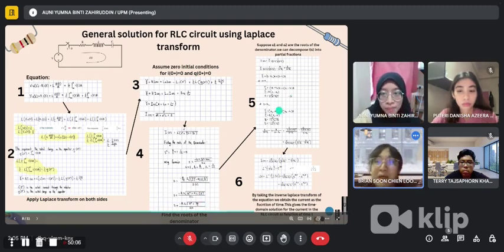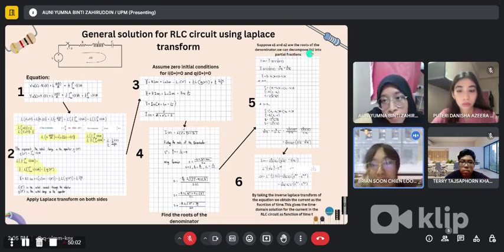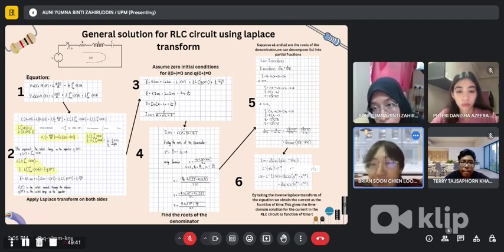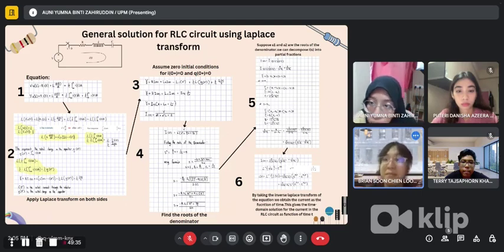Okay, next. We suppose that a1 and a2 are the roots of the denominator. So we need to decompose the equation into partial fractions. From the equation, we multiply both sides by (s minus a1)(s minus a2). We get V over L equals (s minus a2)A plus (s minus a1)B.